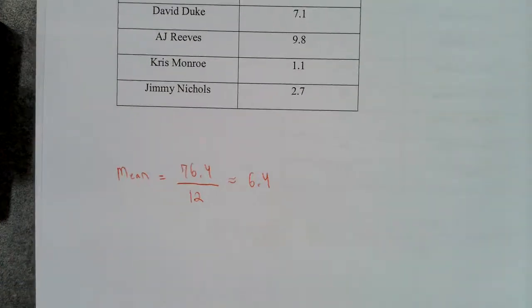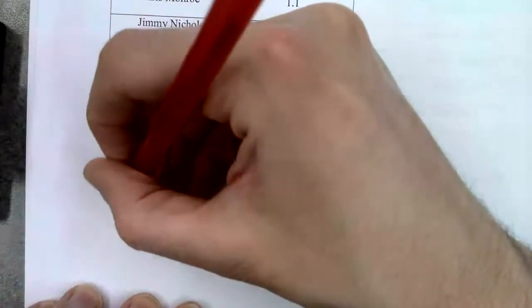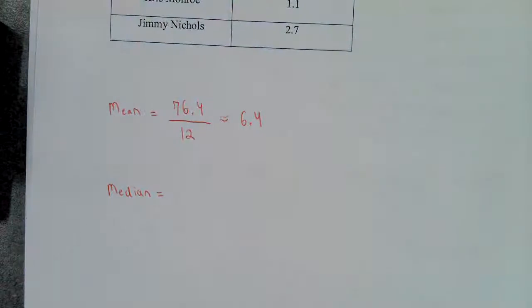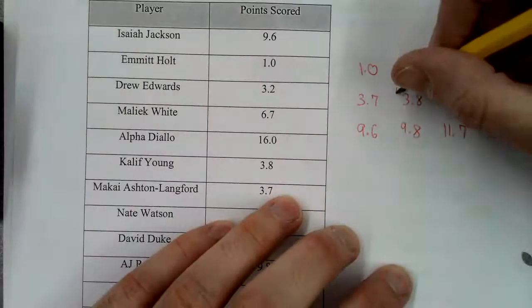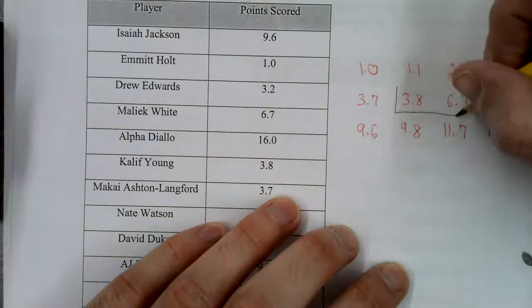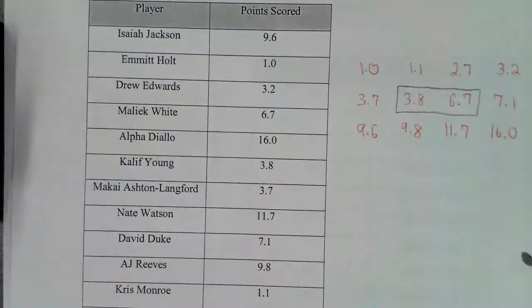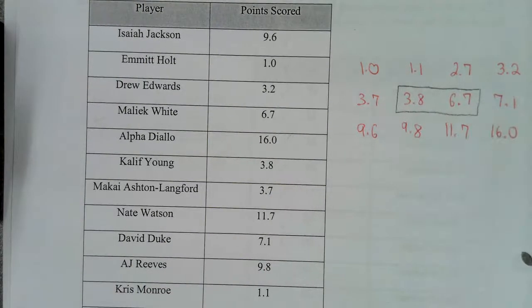Okay, next up, we'll do the median. Whenever you have an even number of values, in this case we have an even number because we have 12, it means there are going to be two numbers in the middle that you're going to use for your median. In this case, it's the two numbers I just boxed in. Because if you look, there are 5 numbers below that, 1, 2, 3, 4, 5, and there are 5 numbers above that, 1, 2, 3, 4, 5.